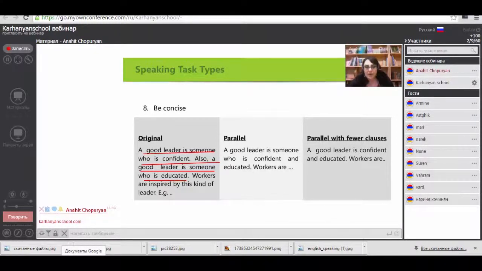Then in the third part, we made a parallel structure with fewer clauses. For example, a good leader is confident and educated.